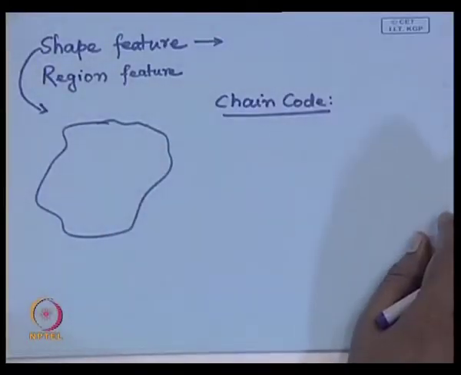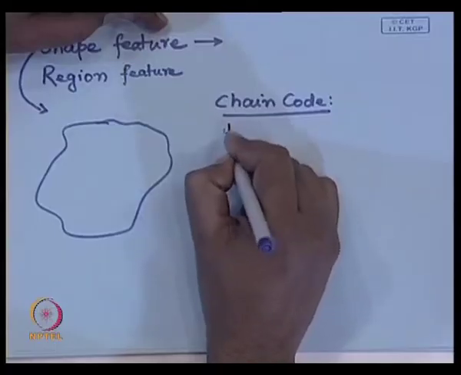Then I can represent this boundary by linear segments of some specified length and specified direction. If I represent this boundary by a sequence of linear segments of specified length and specified direction, that is what is called a chain code. Is that okay?